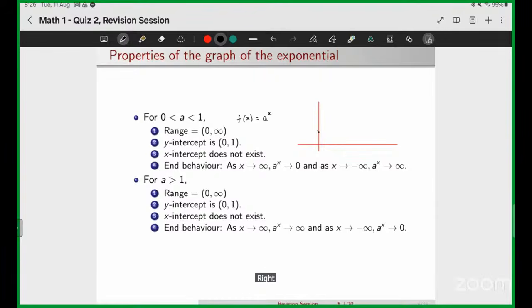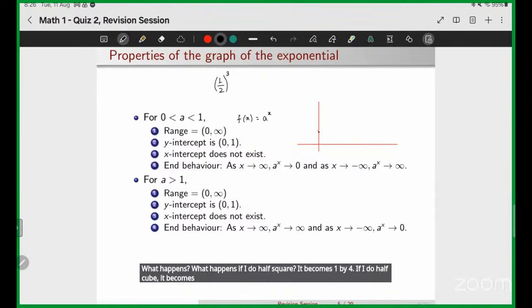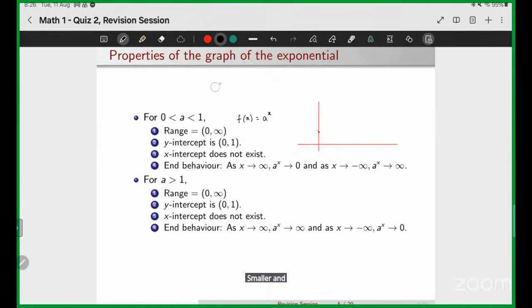Now, if I take, for example, half, just to get an idea: half squared becomes 1 by 4. Half cubed becomes 1 by 8. It goes smaller and smaller, and it approaches 0. So as we approach infinity, the graph will be decreasing.